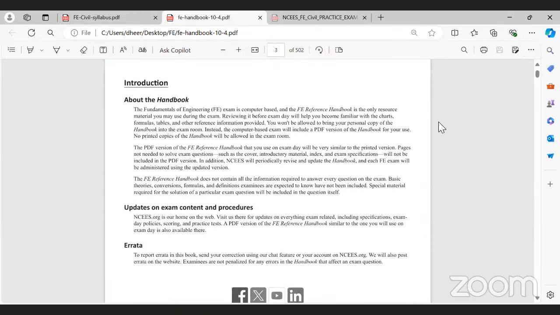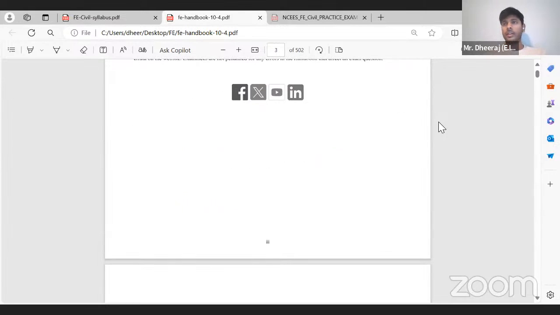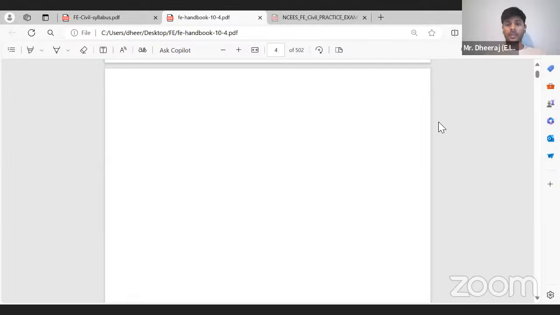This handbook is more or less similar to the syllabus paper, but it doesn't cover 100% of the syllabus paper. But this handbook is readily available in the exam, where you can find all the formulas and unit conversions, everything you can use. But how do we use this handbook in the exam?